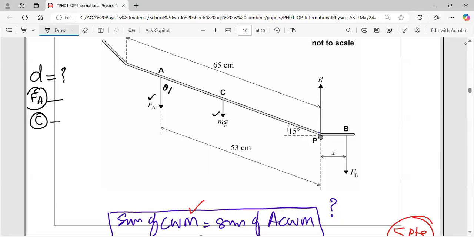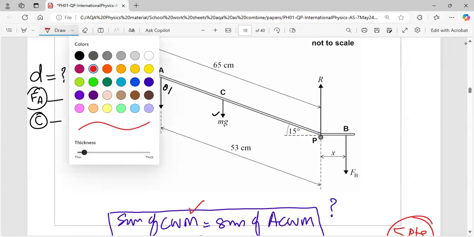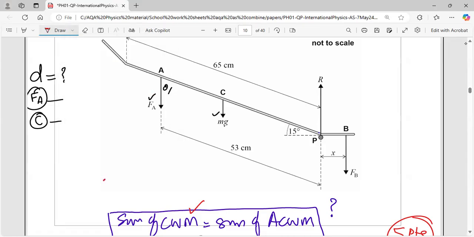So this is our target. First of all, if you look carefully at the distance of FA, this is 53. So we say that the distance from pivot to here is 53 centimeter.